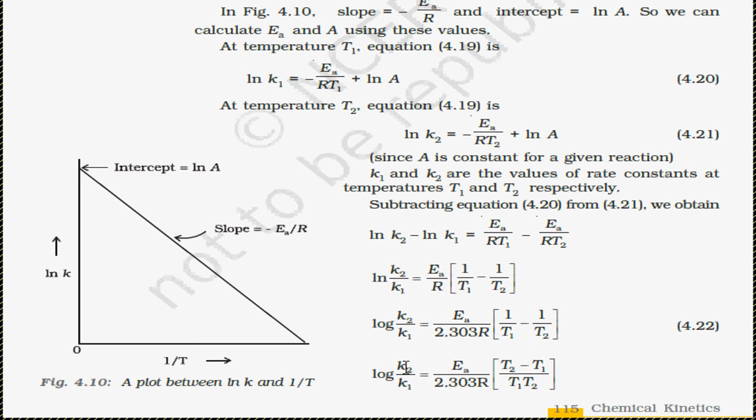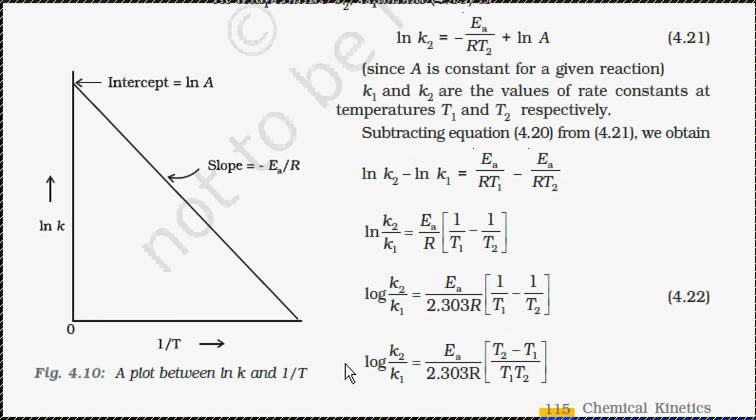So log K2 upon K1 is equal to Ea upon 2.303 R. This we write as T2 minus T1 upon T1 T2. Here 2.303 is taken to the right hand side and we get this equation. This equation or this equation is used for numericals.